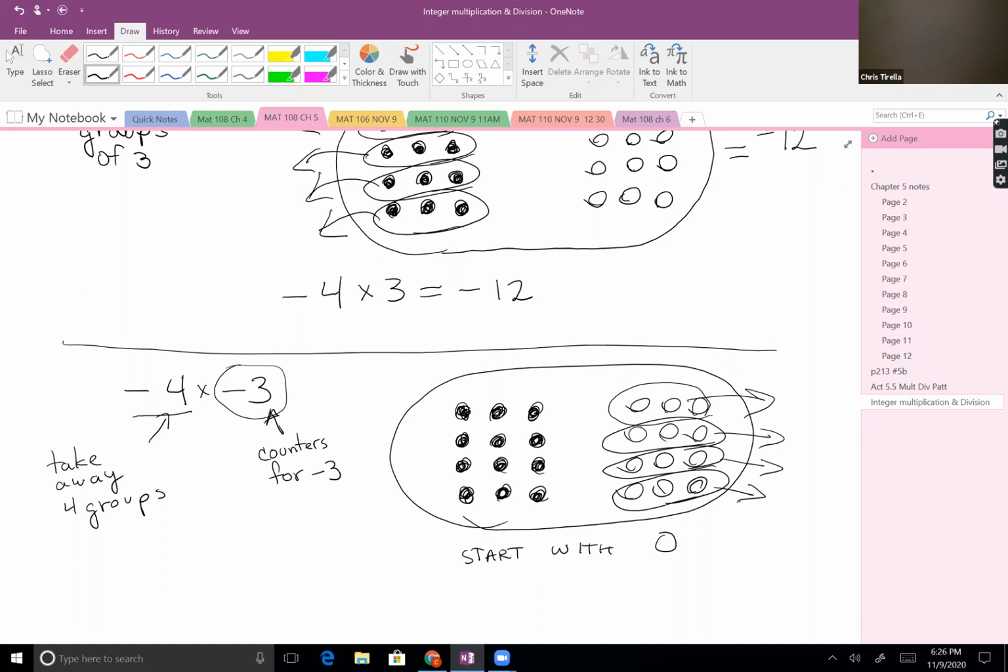And as we look at what's left, we get that our result for -4 times -3 is +12. Or that same idea of the product of 2 negatives is positive that we came up with when we were looking at our activity to start.